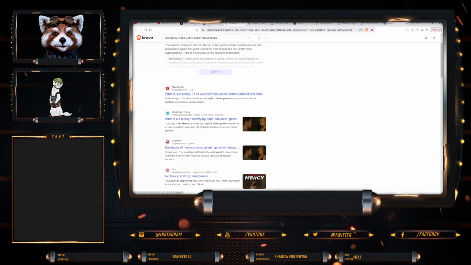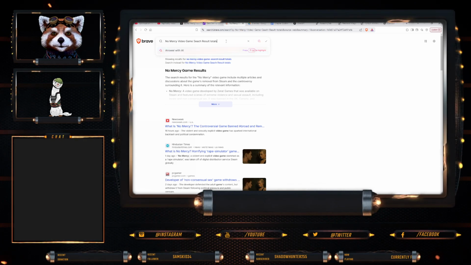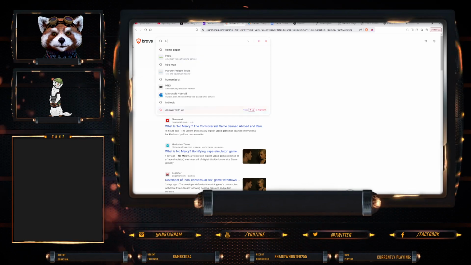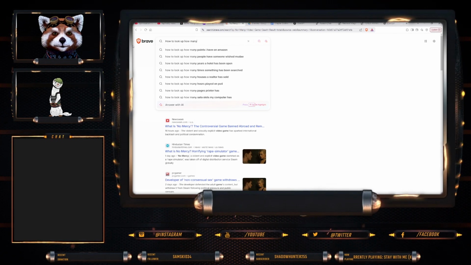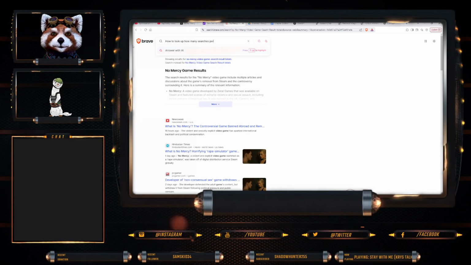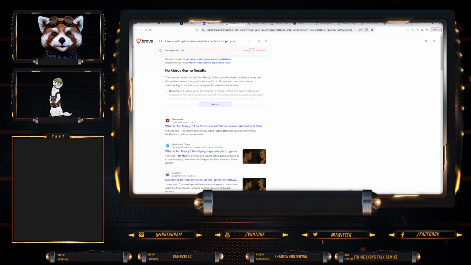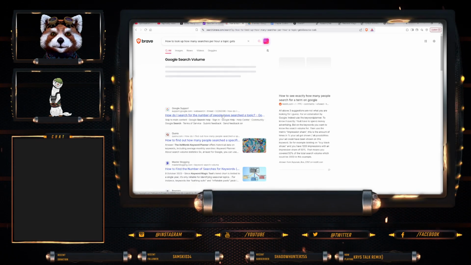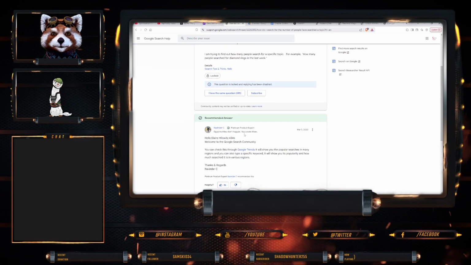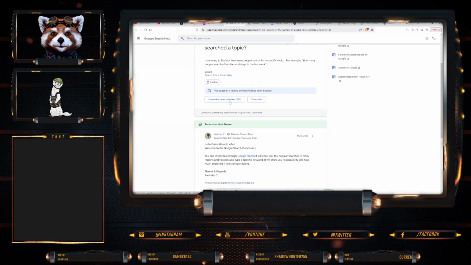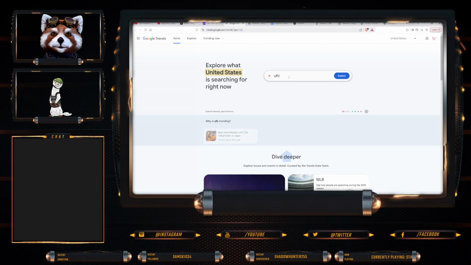Is there a way to... how do we look up trends? How to look up how many searches per hour a topic gets. Right, okay. Right, Google Trends. There it is. That's it. I was blanking on the term.